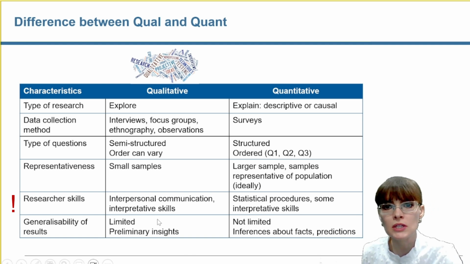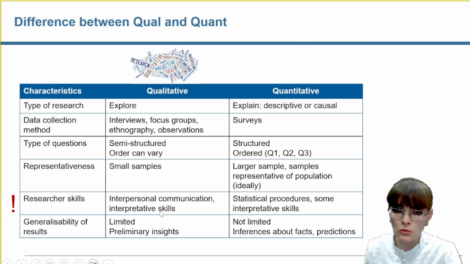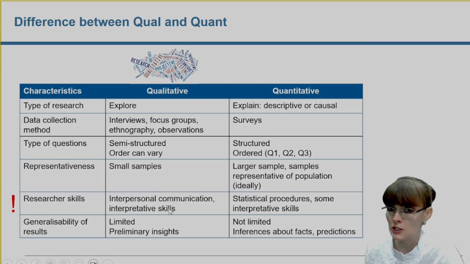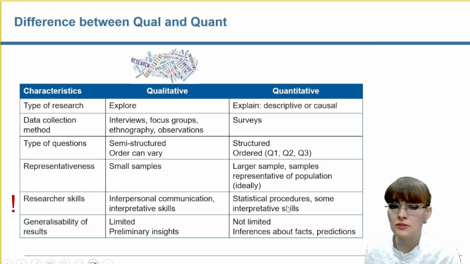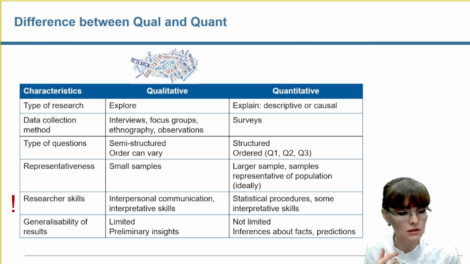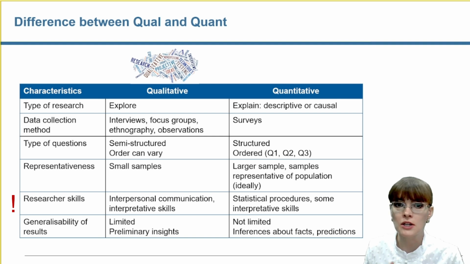And also your skills in interpreting what you observe, in what consumers or individuals tell you, is the key for qualitative research. Quantitative research requires, as the name suggests, quantitative skills, data analysis skills, data inference skills, data modeling skills.